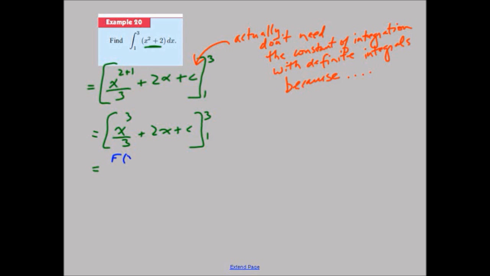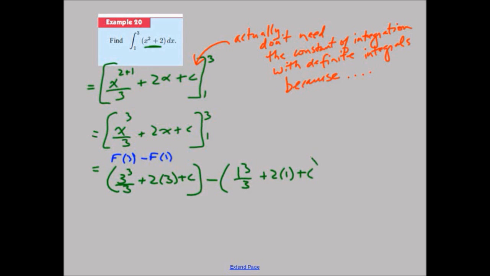So in other words, we're thinking about this: f of 3 subtract f of 1. And that looks like this. 3 cubed over 3 plus 2 times 3 plus c, subtract 1 cubed over 3 plus 2 times 1 plus c.